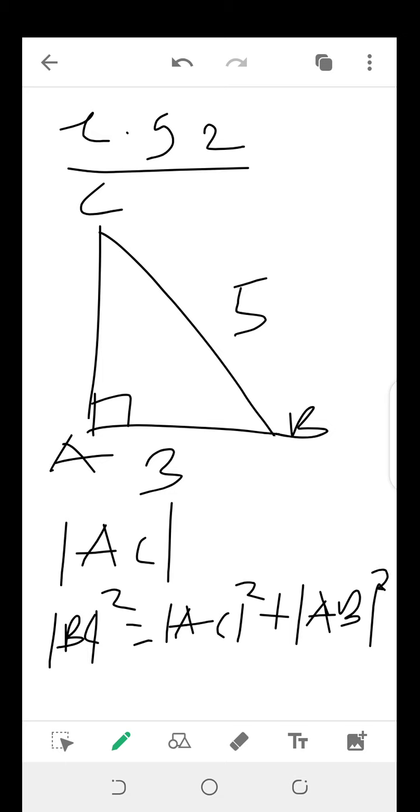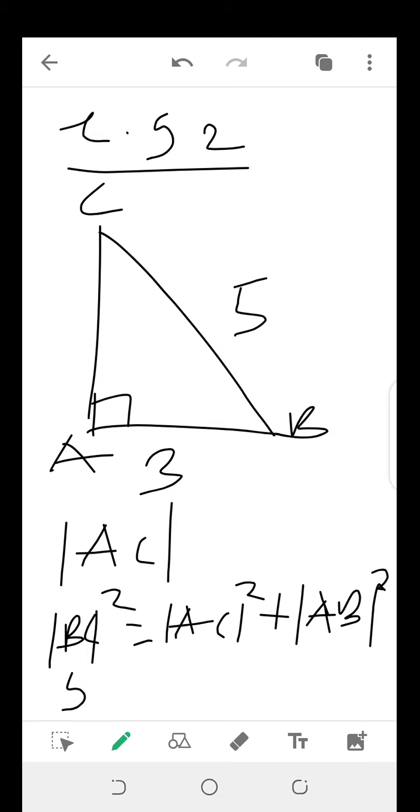So now in our question they provided the value of the hypotenuse, BC, so just substitute the values.